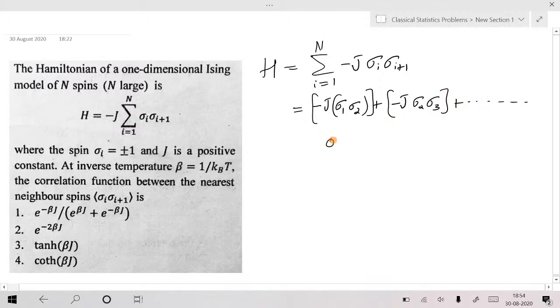Now where sigma i is equal to plus or minus 1. He gave these possible values actually. After substitution of sigma i, which is plus or minus 1, you can write your energy as E1, plus E2, plus and so on. Look at here, your total energy is a kind of additive thing.